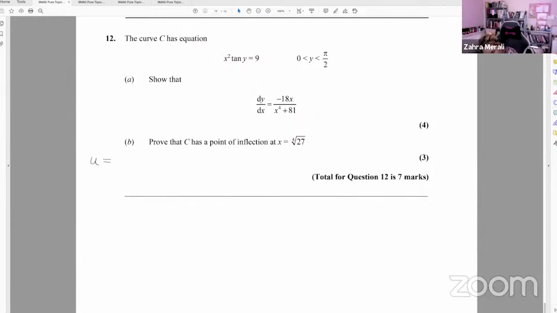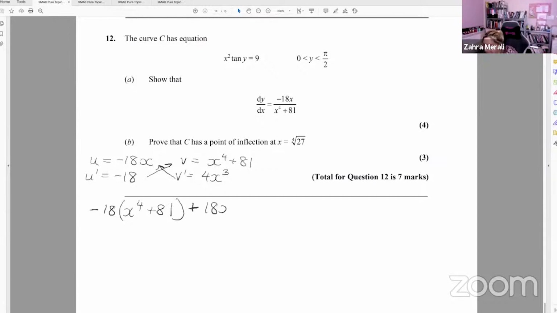We're going to say u equals minus 18x, v equals x to the 4 plus 81, u dash equals minus 18, v dash equals 4x cubed. We're going to multiply and minus this time. So we get minus 18, x to the 4 plus 81, minus, so it's going to be plus 18x times 4x cubed, over v squared.